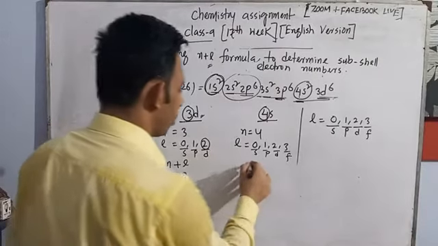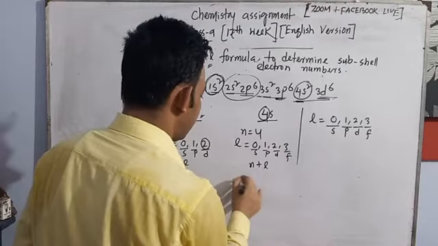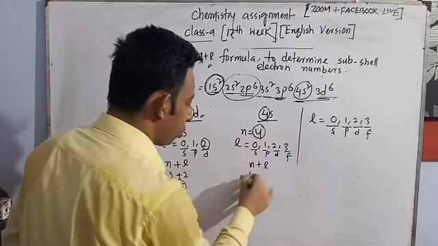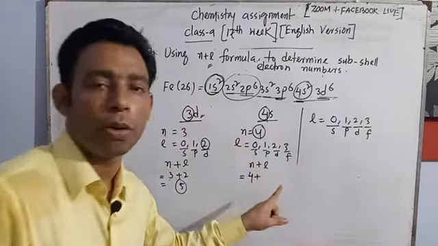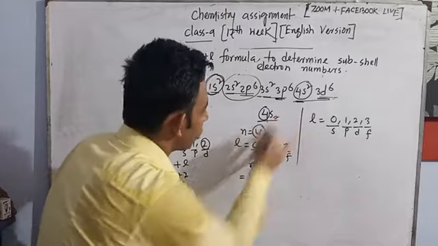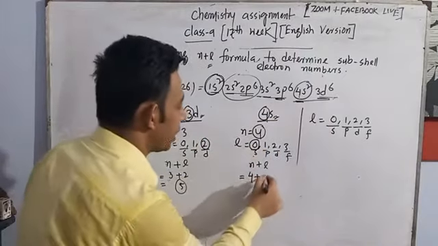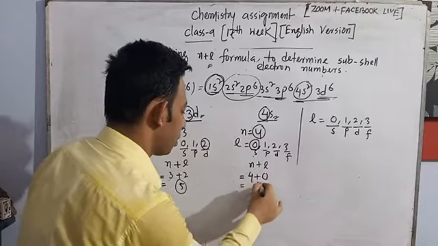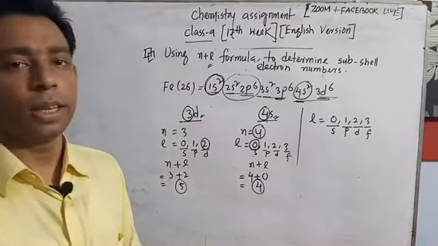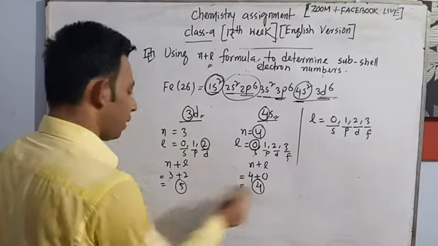Okay. Now here also n plus L. The value of n is 4, no confusion about that. But which one is the value of L? Since it is the s orbital, in case of s the value of L will be counted here as 0. So this one is 4. This is the highest energy level, then this one.